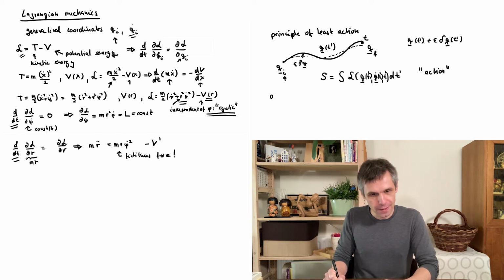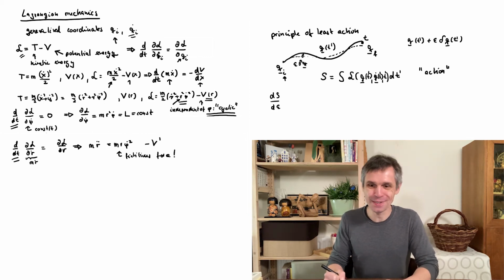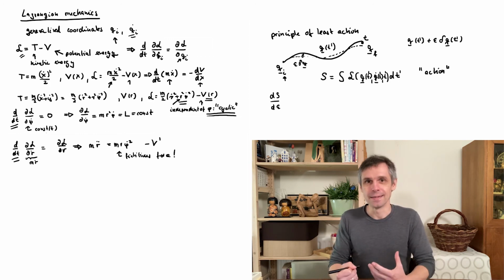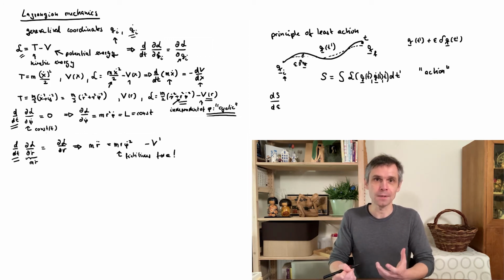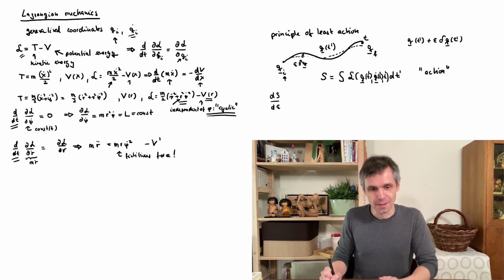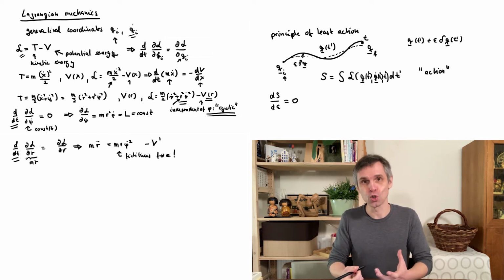And now you can evaluate the derivative. I know it sounds very complicated, but for any pair of these paths you can calculate the derivative, and then you find that this vanishes exactly when you chose a path which is the path that the particle is actually traveling by. So this is 0 exactly when you fulfill the equations of motion.